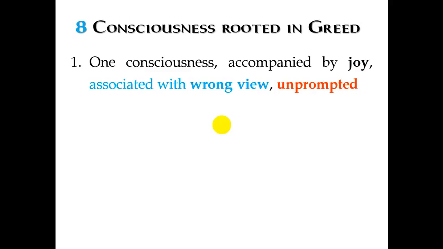So therefore, when somebody becomes an Anagami, he doesn't have any wrong view regarding the five aggregates, but still identifies himself as I. This is I, this is me, right?